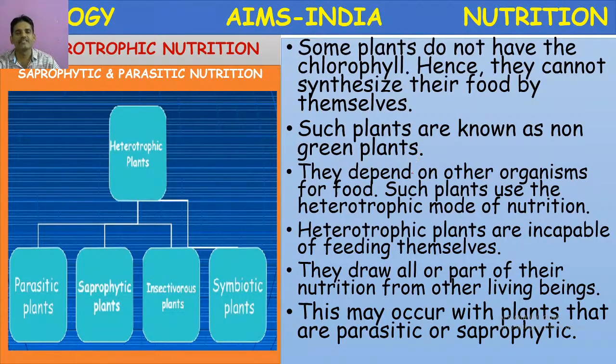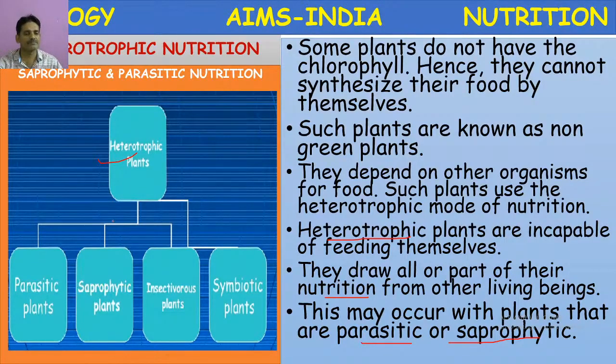These heterotrophic plants cannot feed themselves. They draw all or part of their nutrition from other living beings. This may occur with plants that are parasitic or saprophytic or symbiotic. So let us see this chart showing the heterotrophic nutrition in plants.